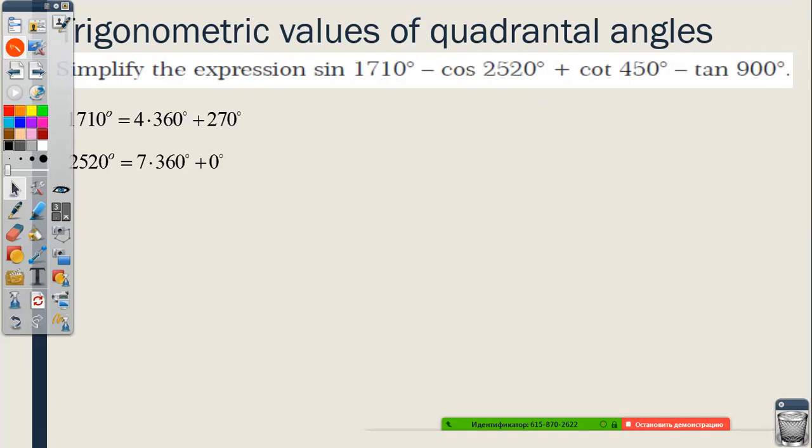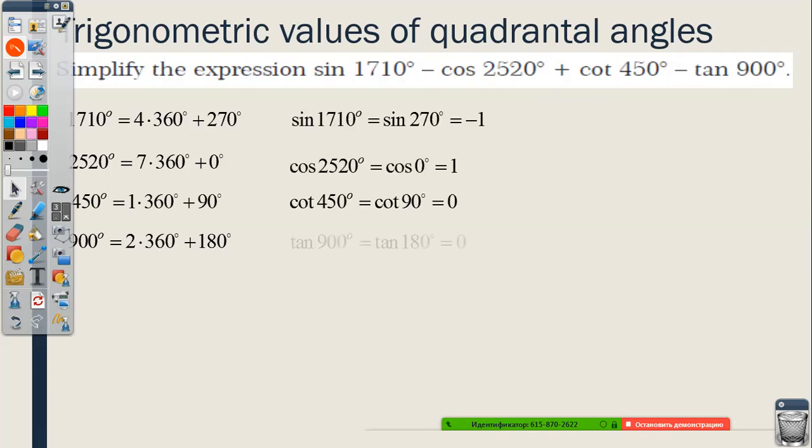Next one is 360 plus 90. Next one is 2 times 360 plus 180. Then, see here, so we solved here. So these are primary directed angles of these big angles, yes?